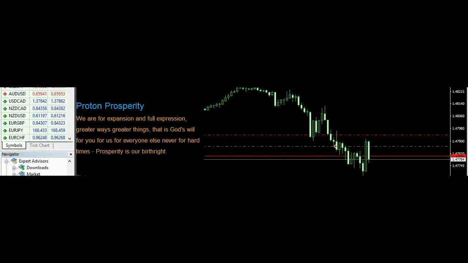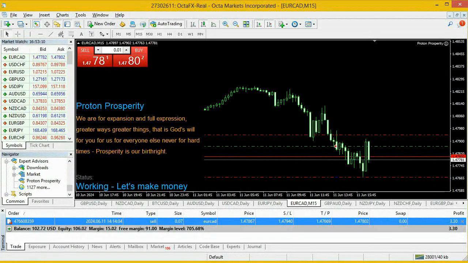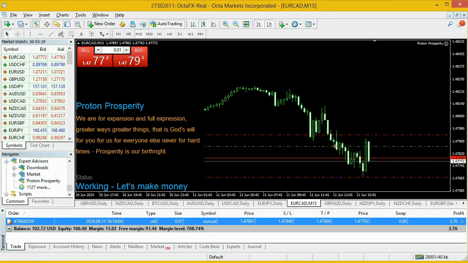Price then moves back downwards, towards our take profit. Even if we had lost here, we would only have lost 1% of our initial balance, which is $1, a very small amount compared to what we stand to make.